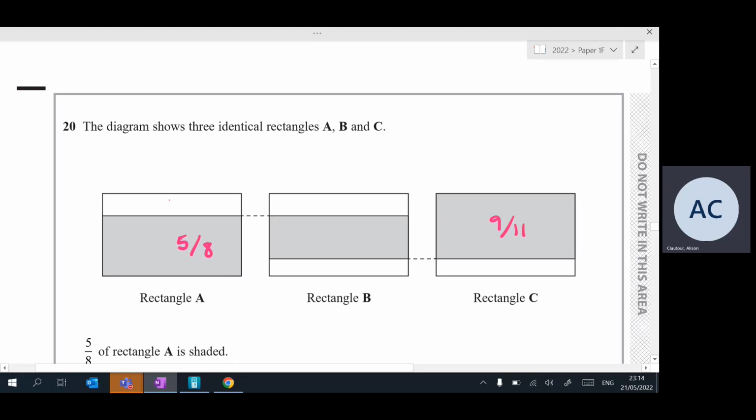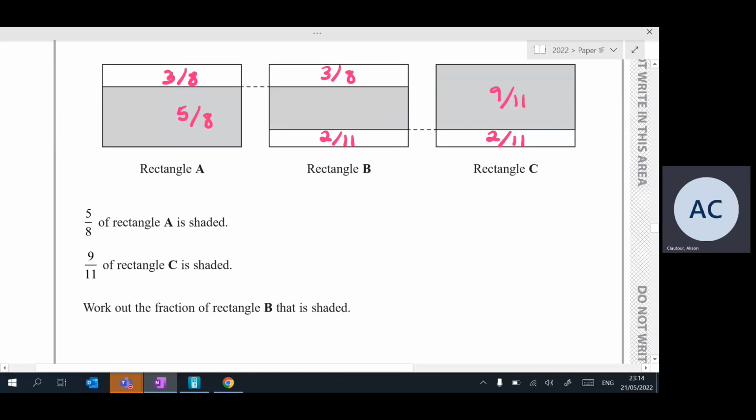That means I'm left with 3/8, which is the unshaded section. Okay, for rectangle C, I've got 9/11, which means I've got 2/11, which is left unshaded. So you can see on this diagram, this is 2/11, this is 3/8, and I want what's left.